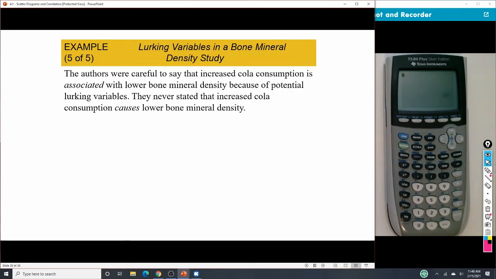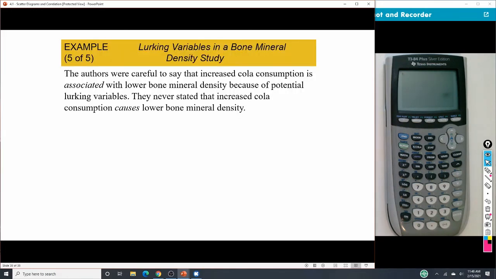So we can say that there is an association with lower bone mineral density, but they can't say that the cola causes it. So those things are very important to recognize when you're doing those things. Is there maybe an association? Yes, but is it the actual cause because of all the lurking variables? Possibly not.